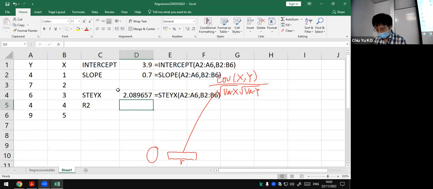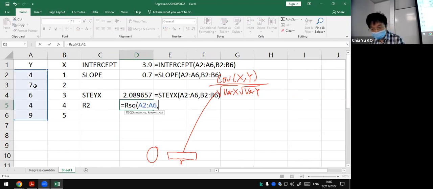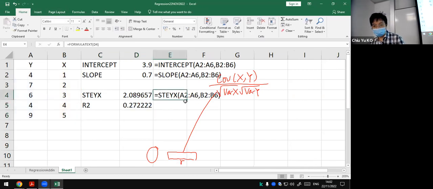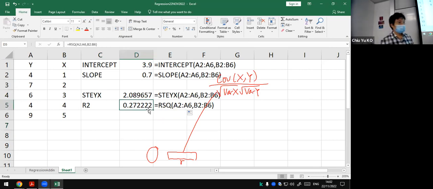You can also do that. You can just create it by looking at the y and all the x. So this also gives you the same result. Just to highlight that, without going into the Add-in, you can also do R-square. That's the only thing.